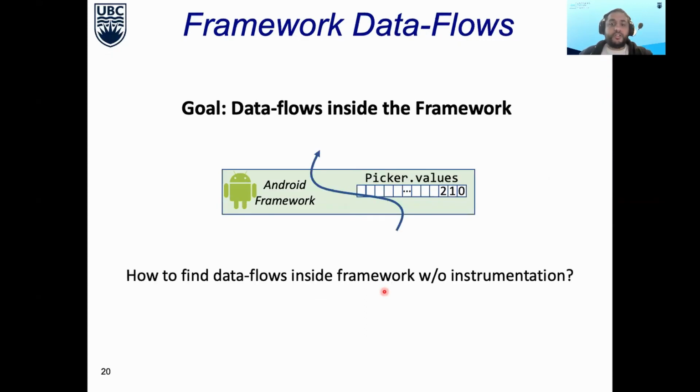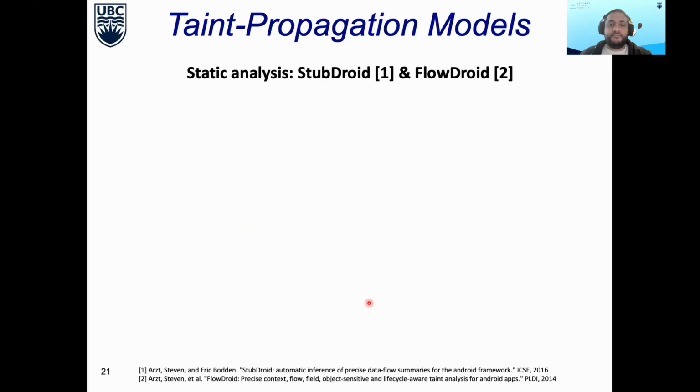Next, I'm going to explain how we detect framework data flows. The main challenge is to detect these data flows without instrumenting the framework. To address this challenge, instead of using dynamically extracted data flows through instrumentation, we use the statically constructed data flows of StubDroid and FlowDroid models that capture the propagation of taints within Android and Java framework methods.